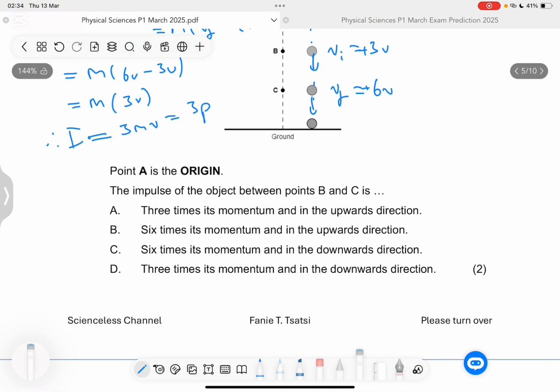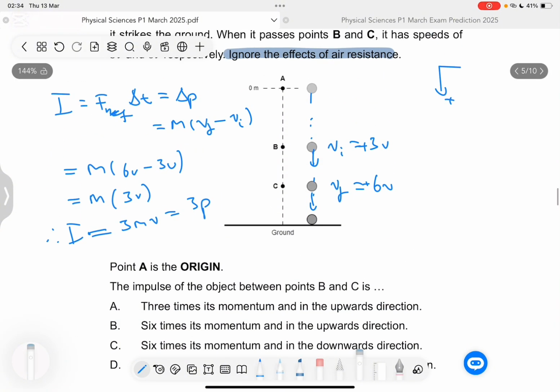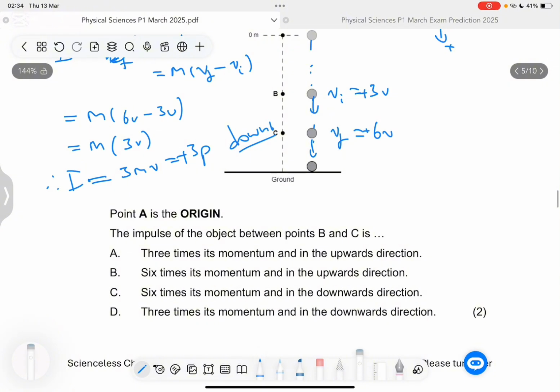The options that we have here say that the impulse is 3 times its momentum and in the upward direction. Now remember, we got a positive answer here. Our answer is positive. That means this is downwards. Our direction is downwards. So this one cannot be correct because this ball clearly doesn't have a momentum or an impulse that goes upward.